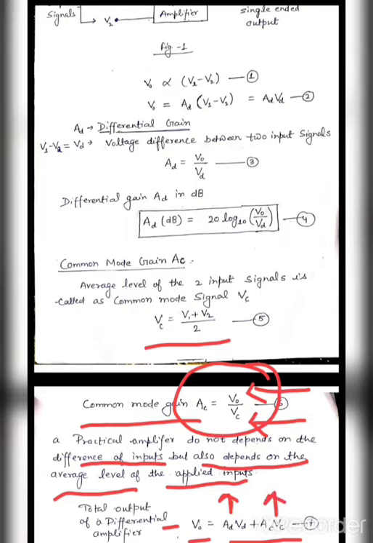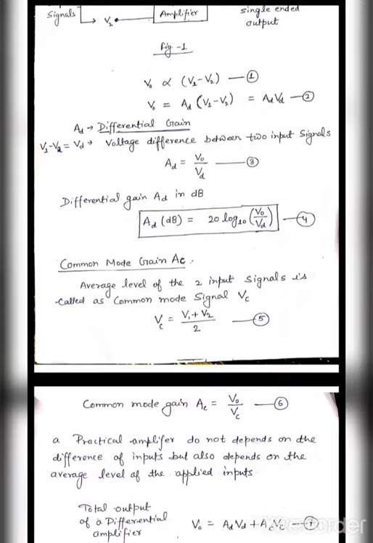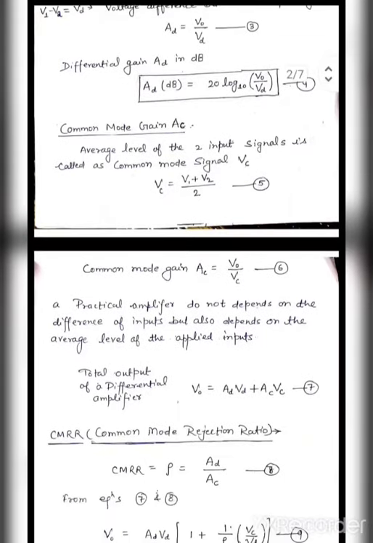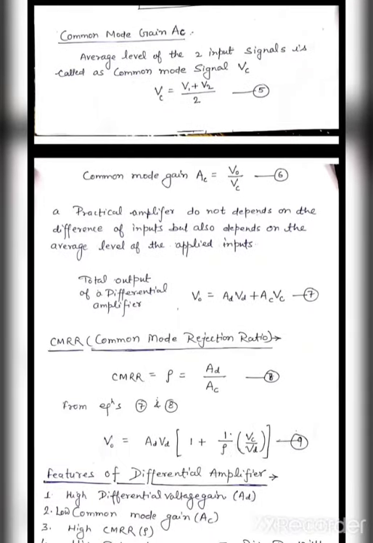So V output equals AD VD plus AC VC. Now we define another parameter, which is the common mode rejection ratio. In short, it is represented as CMRR.